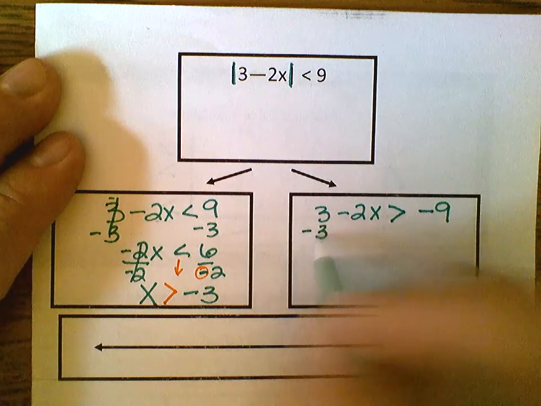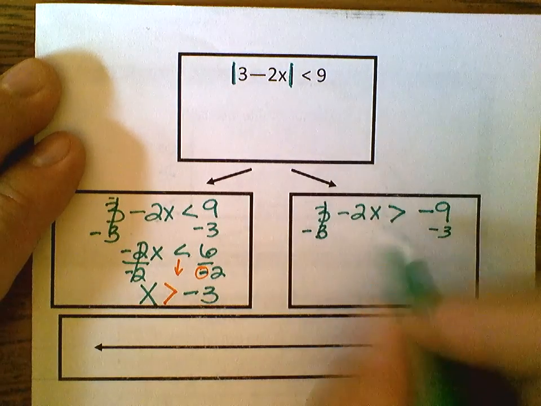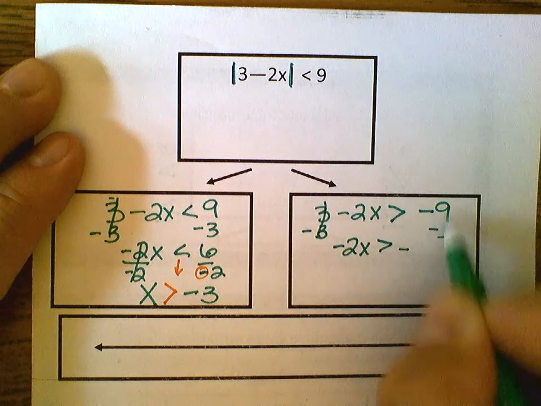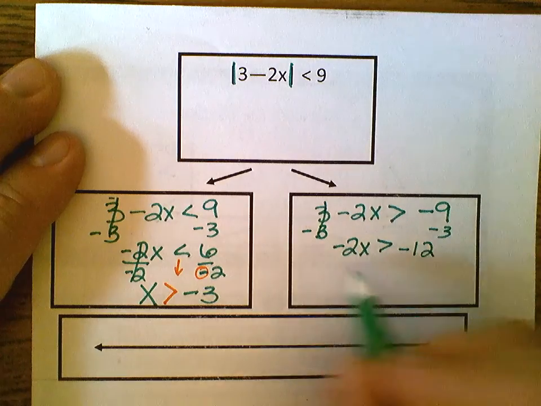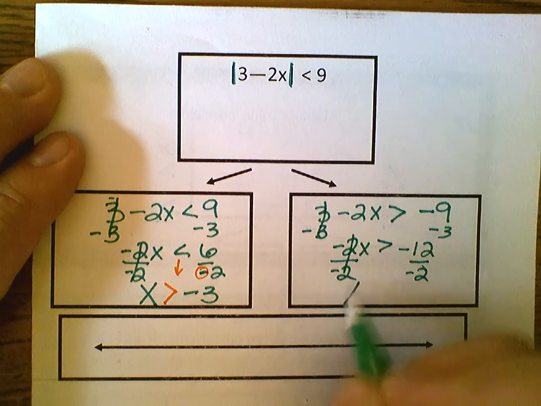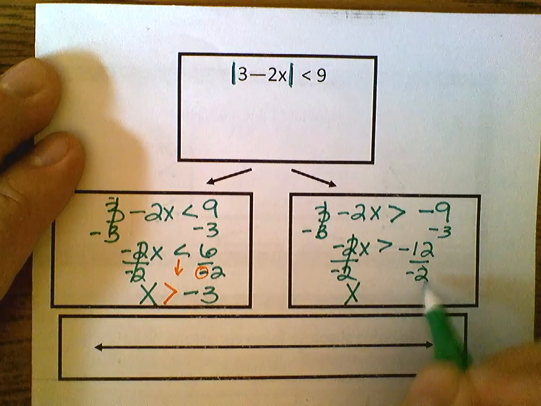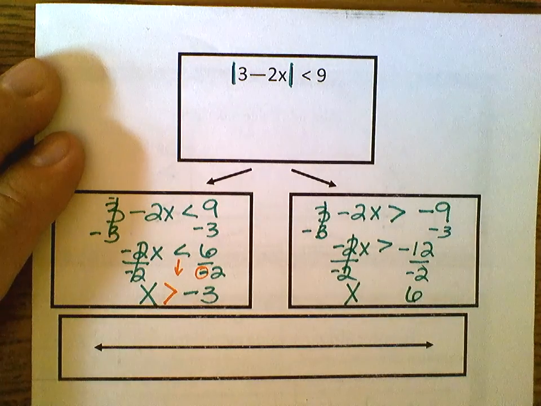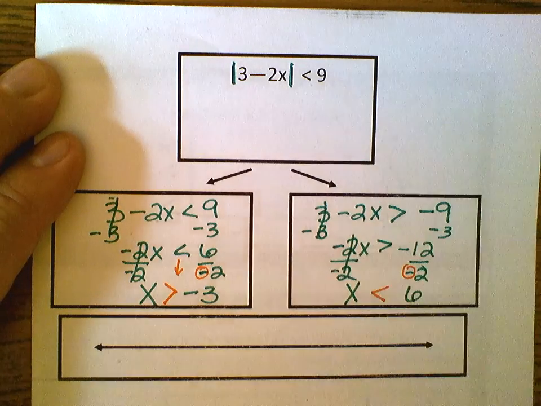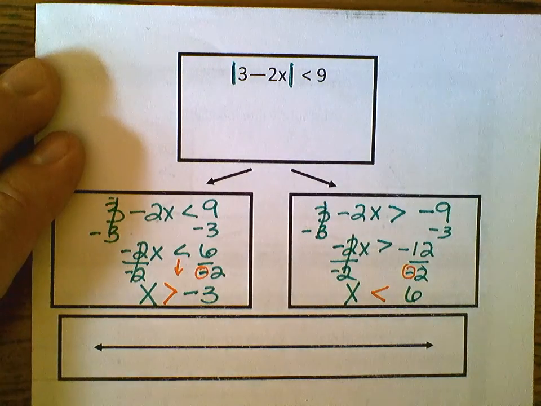Over here, subtract the 3. So I have -2x is greater than -12. I'll divide by -2 again. So I have x, and this will give me a +6. But again, because I divided by a negative, this flips, and I have x is less than 6.